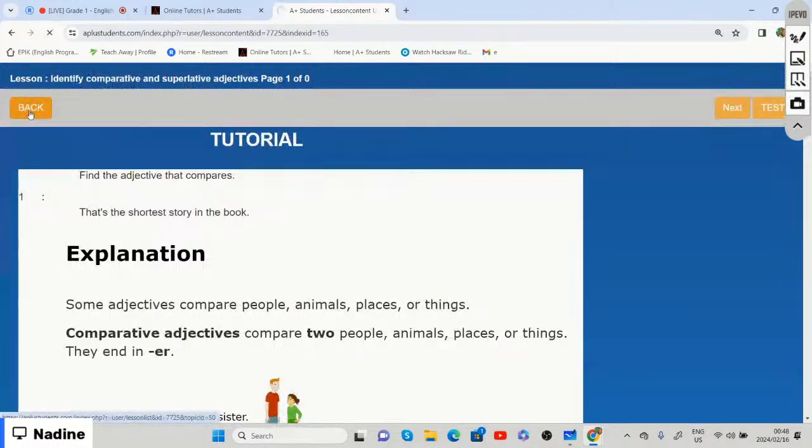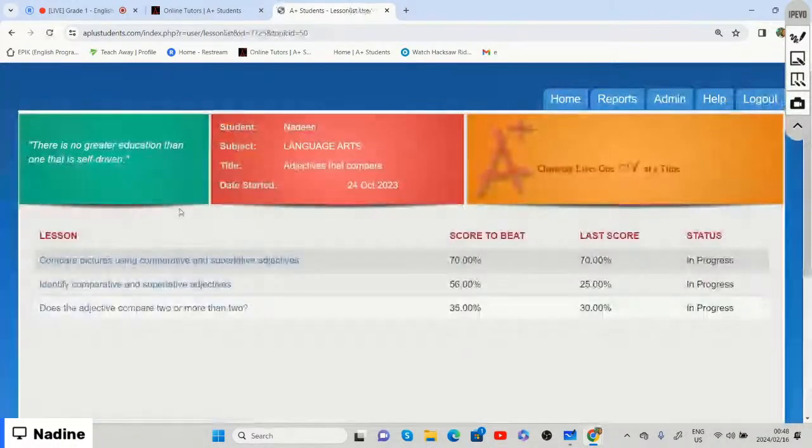So we did adjectives that compare, and we have comparative adjectives and superlative adjectives. The comparative adjective compares two people, animals, places, or things. And the superlative adjective compares more than two people, animals, places, or things.